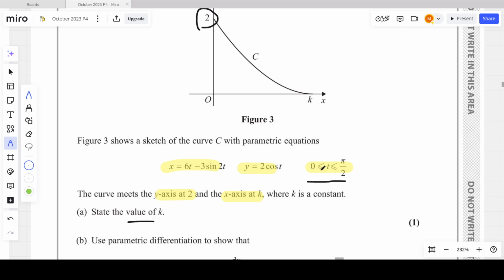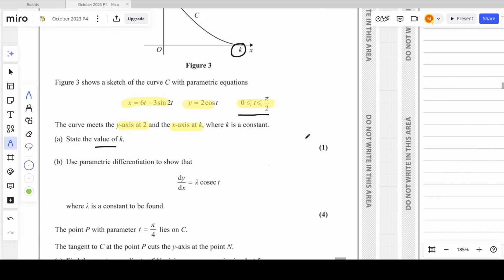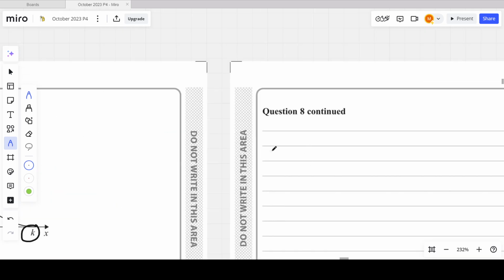If you put pi over 2 in place of t, you get cos 90 degrees, which is 0, and that is the point k. So at point k, t equals pi over 2.